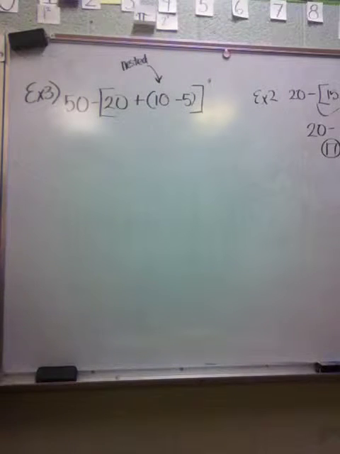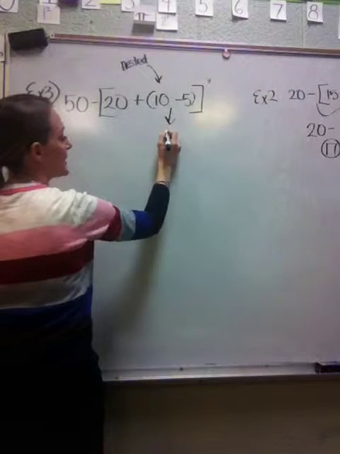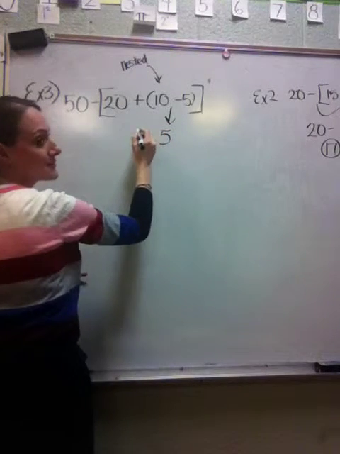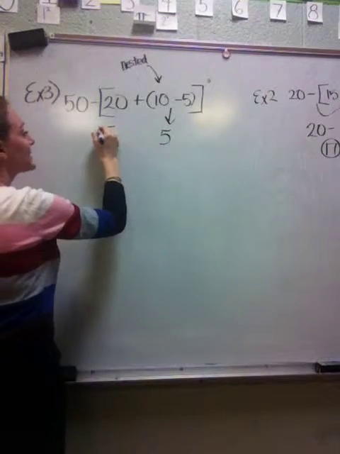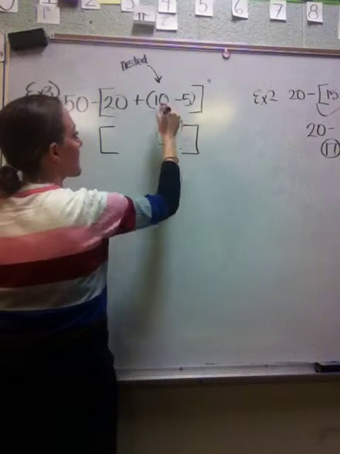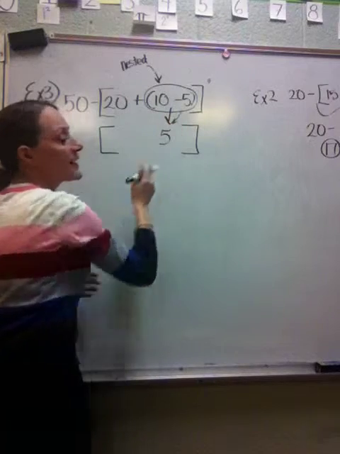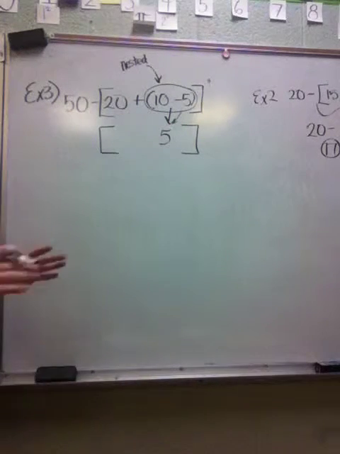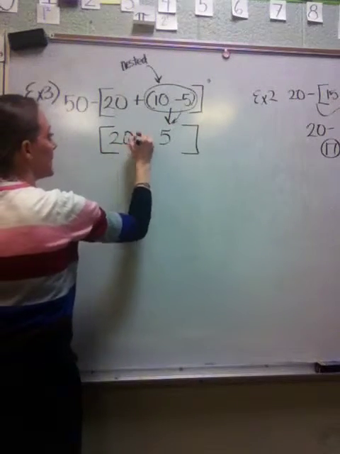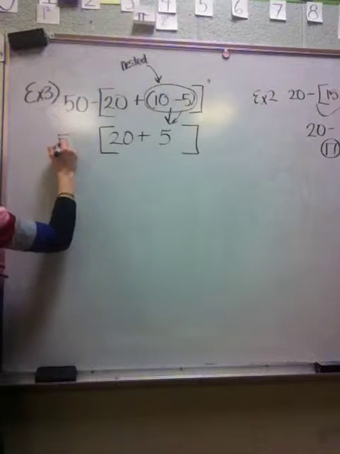All right, where do we begin? Joe? 10 minus 5. I begin here, which is 5. I hope that you didn't need me to ask you that. All right, I still have brackets. I'm going to bring my brackets down, but I have simplified this into this, so I don't need to rewrite any part of that. All right, so I have 20 plus 5, bring down everything else.